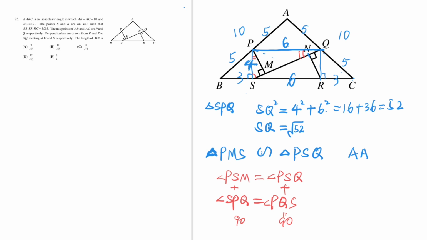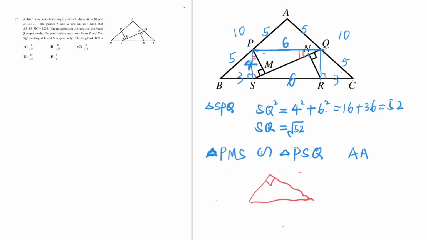PSM equals angle PSQ, so angle SPQ equals angle PQS. So for the similar triangles in the right triangle, when we draw the perpendicular line to here, all these three right triangles, the smaller one, smaller two, and the big triangle, are all similar by AA similarity.